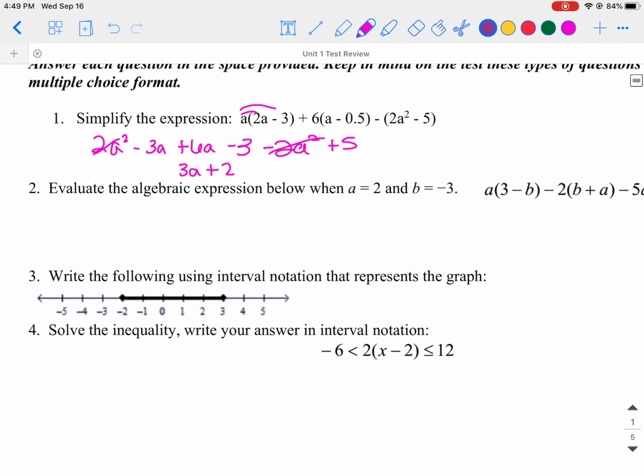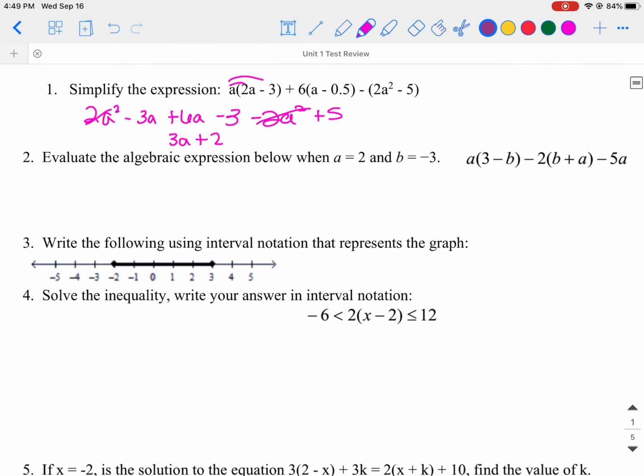This one wants us to evaluate, so that means we're going to plug in 2 for a and negative 3 for b. So that would be 2 parentheses 3 minus negative 3, which we know just becomes 3 plus 3, minus 2. And then we have b plus a, so negative 3 plus 2, minus 5 times a, so 5 times 2.